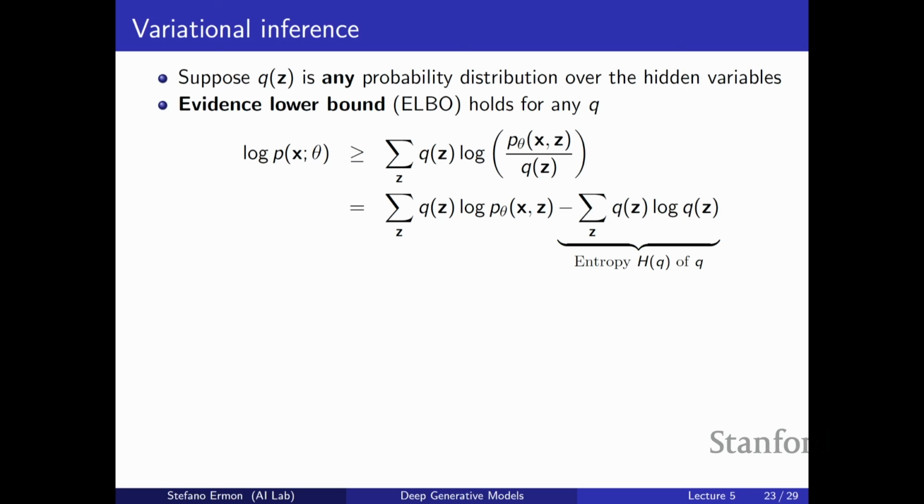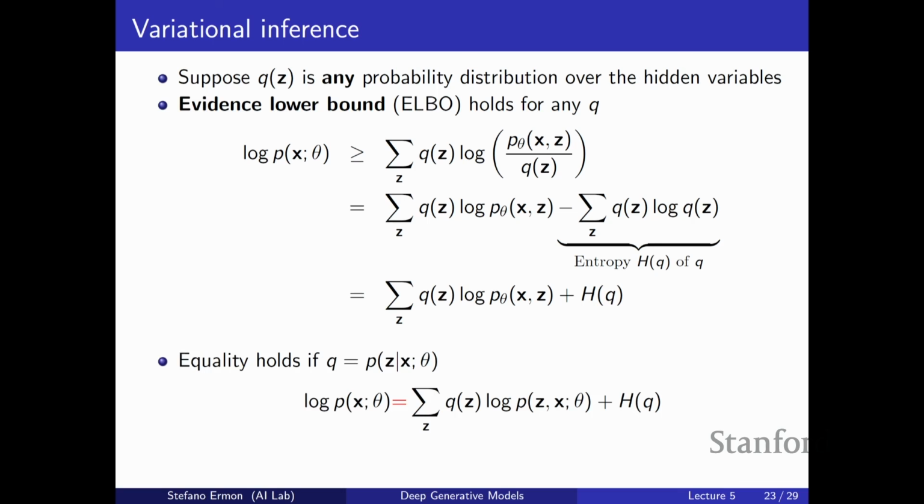If you expand this thing, you're going to get a decomposition where the log of the ratio is the difference of the logs, and you can see that this quantity here is what we've seen in the last lecture, the entropy of Q. So you can also rewrite this expression as the sum of two terms: the average log joint probability under Q, and then the entropy under Q.